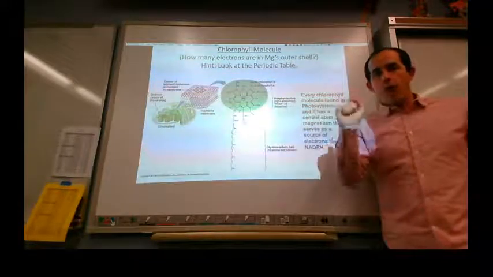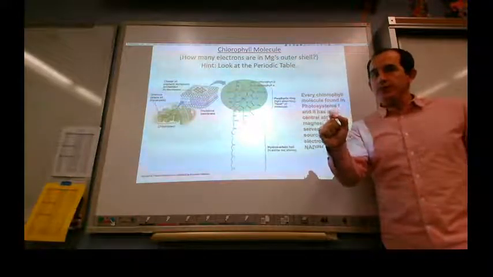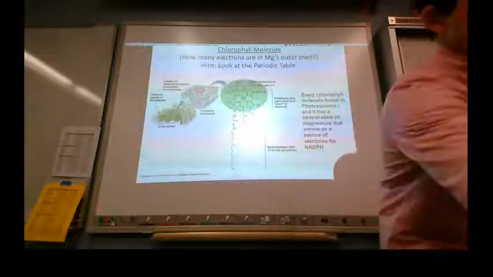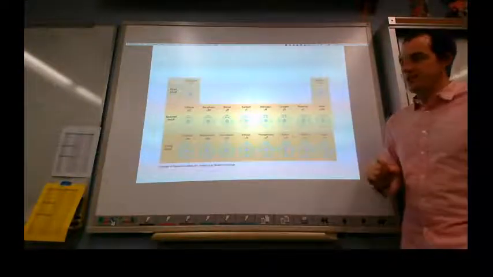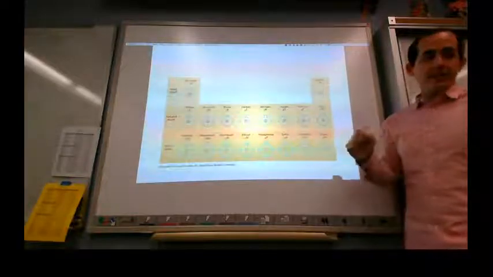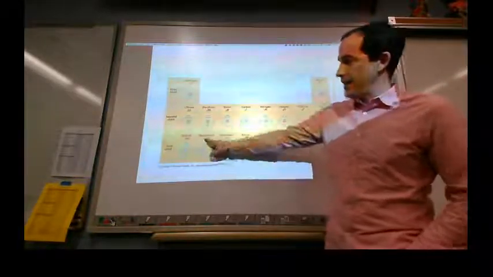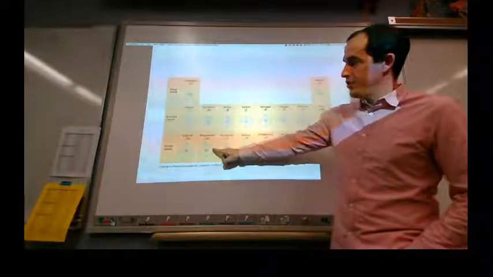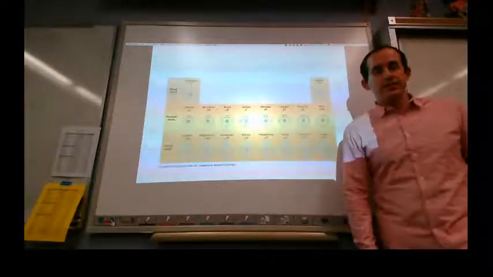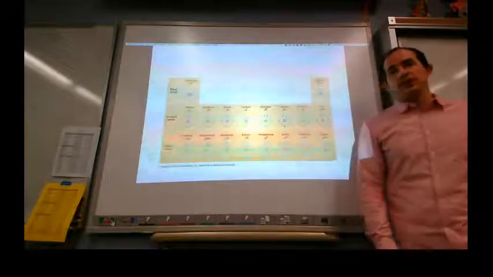Why is that important? Because, and I know this is a little bit difficult to see, magnesium, which is right down here, has two valence electrons. So it has two outer shell electrons.